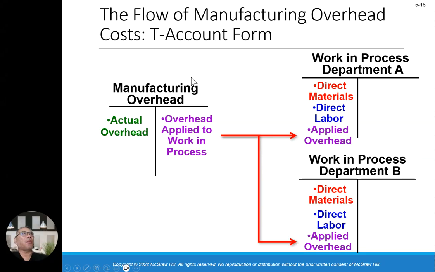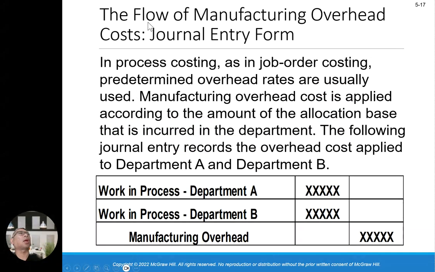In terms of manufacturing overhead, the actual overhead applied to work in process will be applied in department A, such as utilities, costs like gas, water, etc. You divide that equally. And then in terms of process costing, as in job order costing, predetermined overhead rates are usually used.